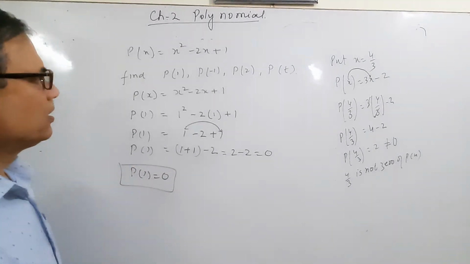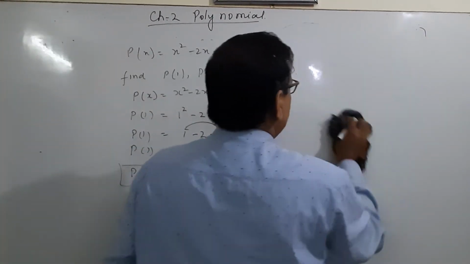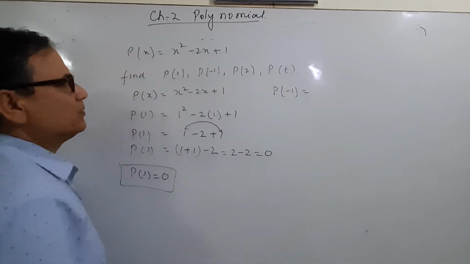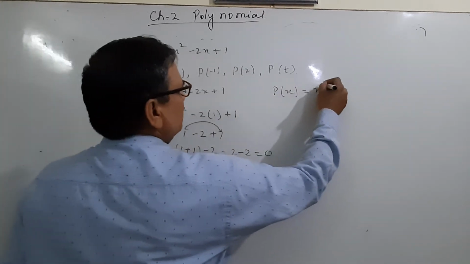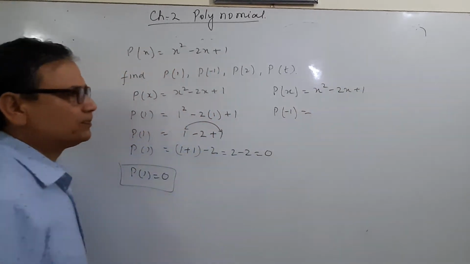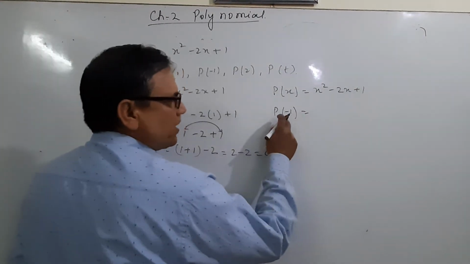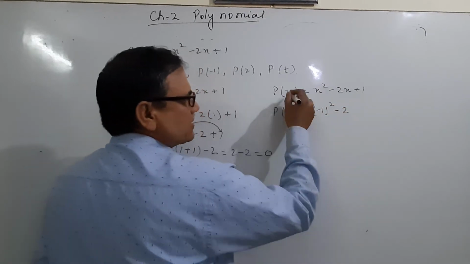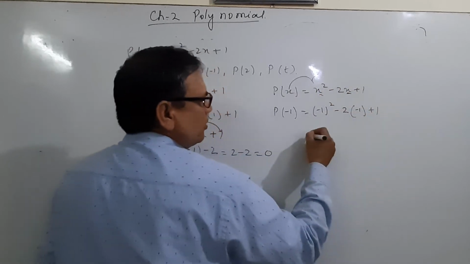And find the other value, P(-1). First you write P(x) equal to x square minus 2x plus 1. We have to put minus 1 in place of x: minus 1 square minus 2 into minus 1 plus 1.